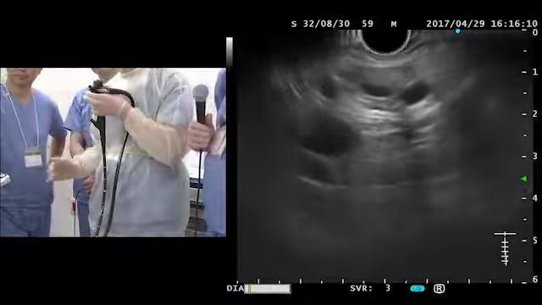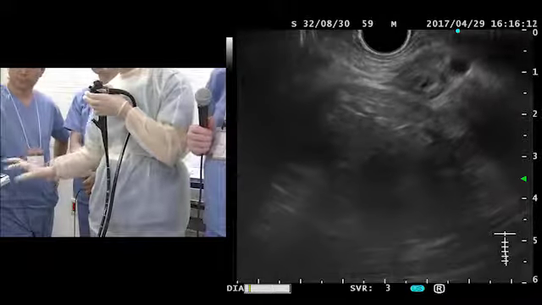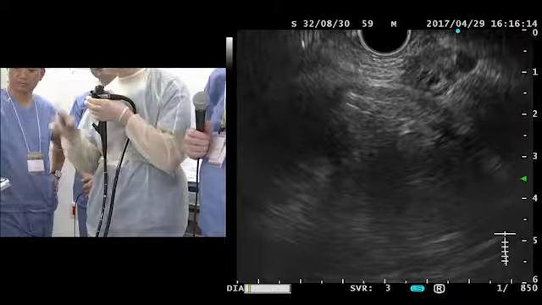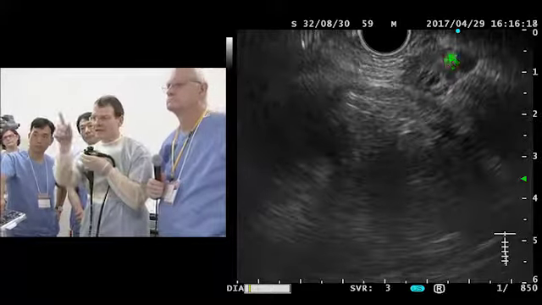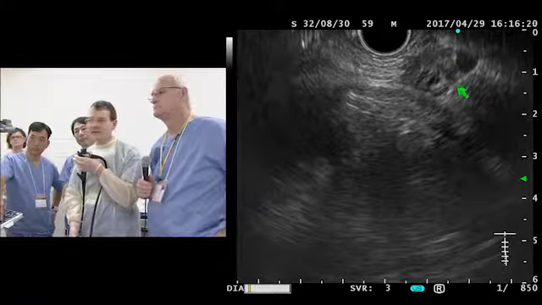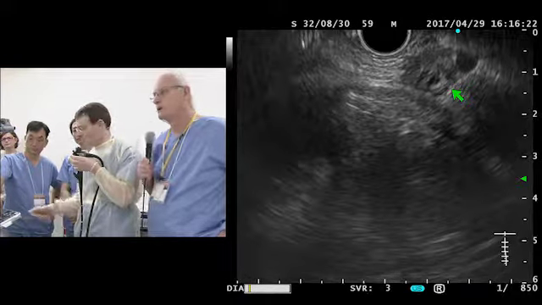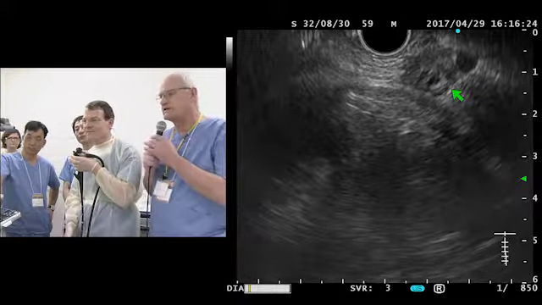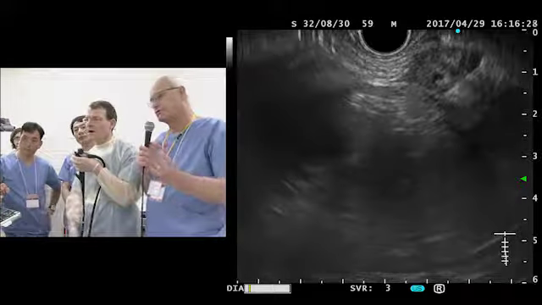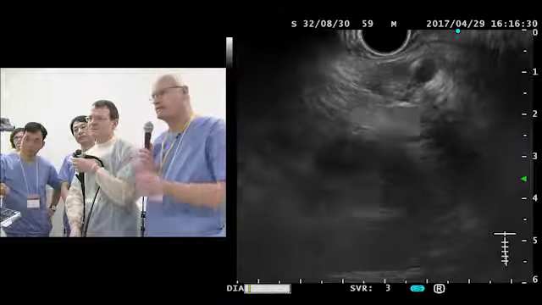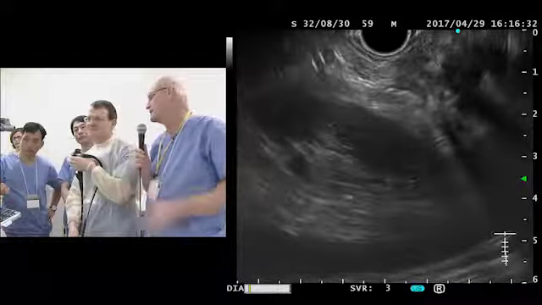So really in this area there is a compression of the duct, and I think what we have noticed first is that there's something around the pancreas. There is something definitely suspicious, because I would describe this area around the duct as a lesion. What would you say, Rob? Yeah, I think it's what I call a transition zone, where you've gone from a regular, obvious duct, and now there's nothing there.